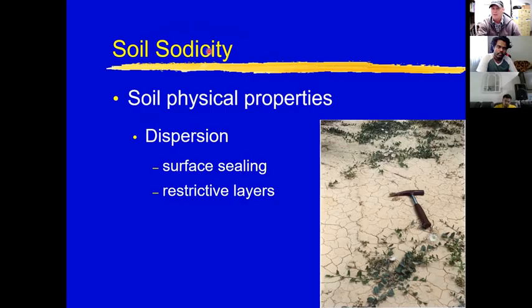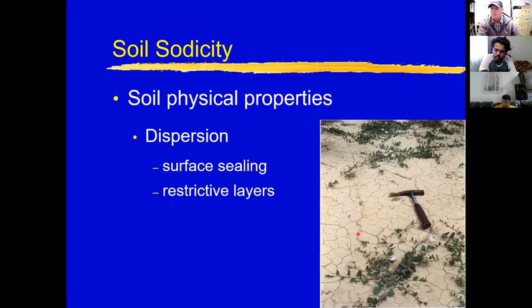And so what we have is a lot of sodium that's causing a physical reaction in the soil. And what happens is that those individual clay particles push apart, and that can cause surface sealing and restrictive layers. And so what you'll often see in a high sodium situation is you'll see this cracking and stuff.